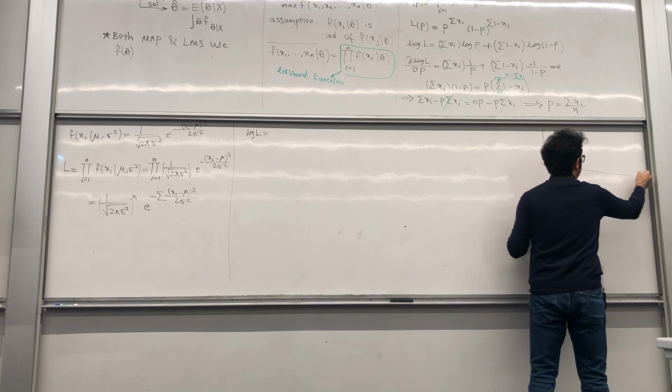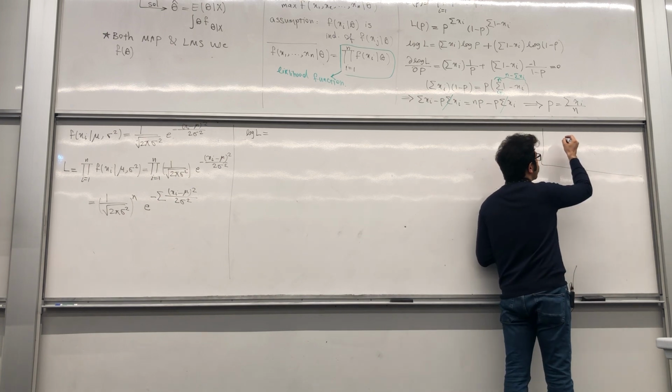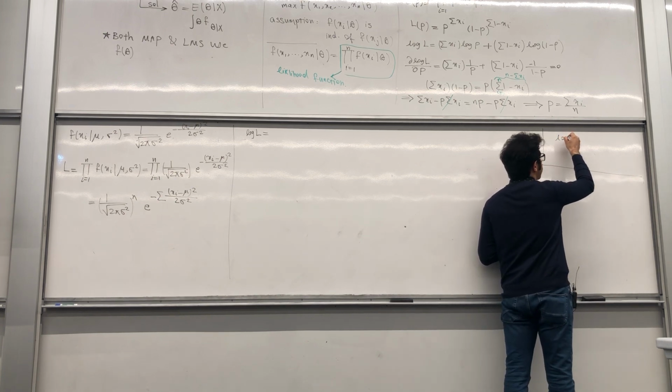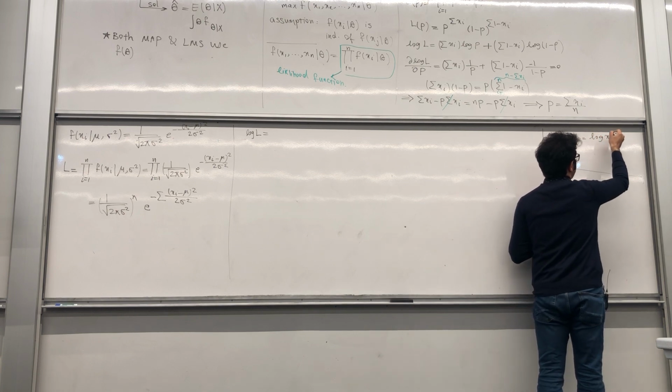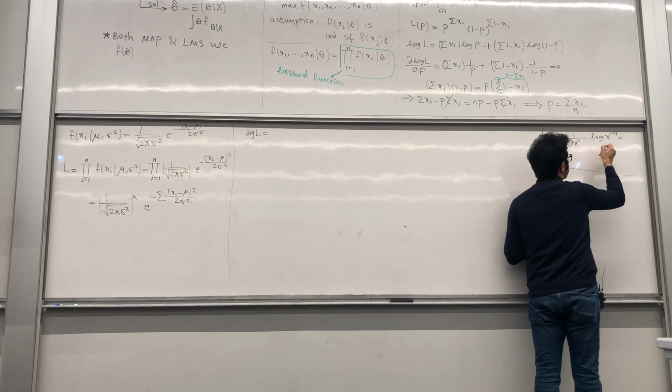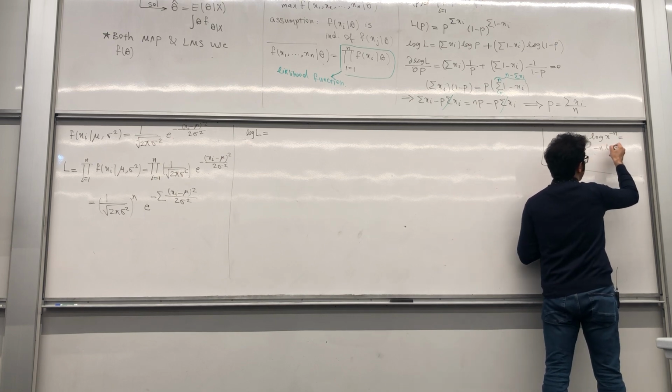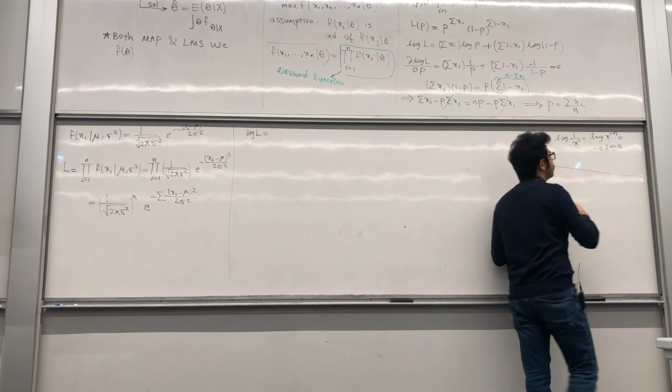So here, for example, if I have log of 1 over x to the power of n, this is equal to log of x to the power of minus n, which equals minus n times log of x, right?